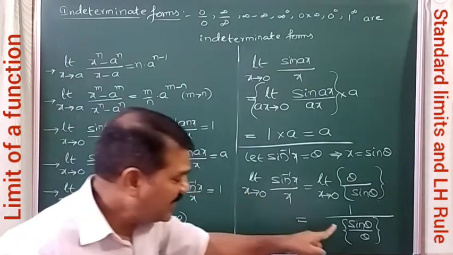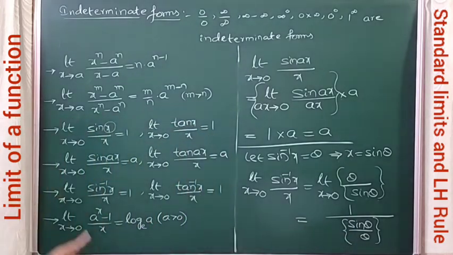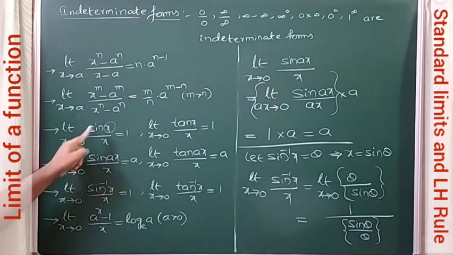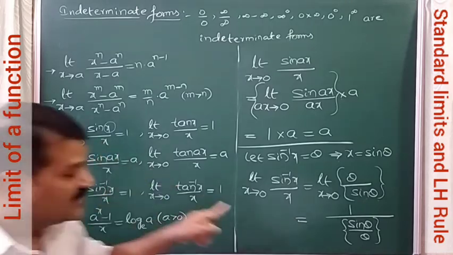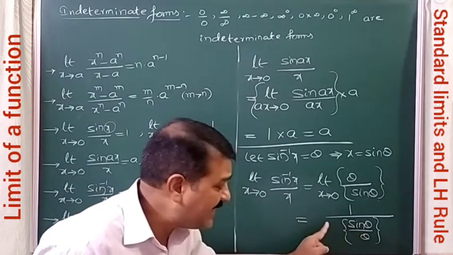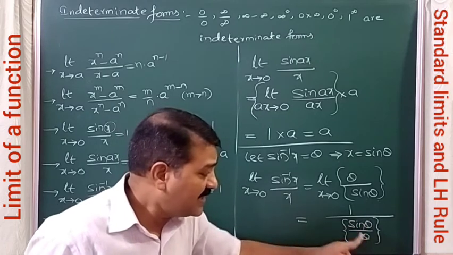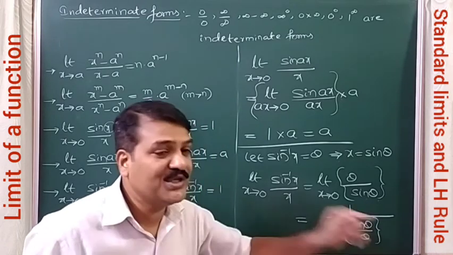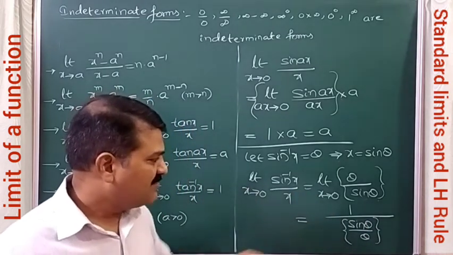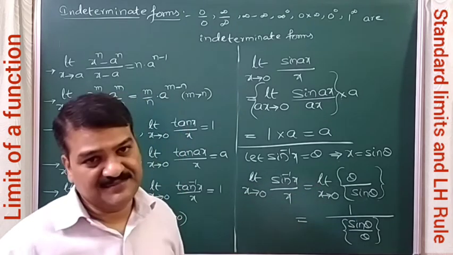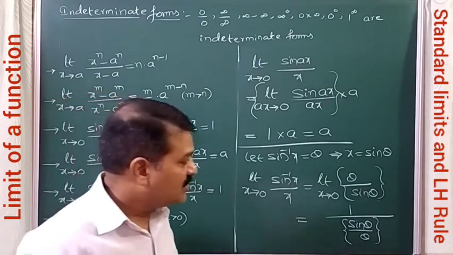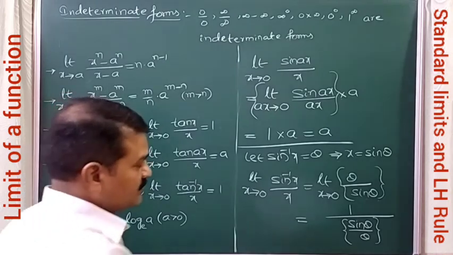Yes, but actually to use the standard limit, limit x tends to 0 sin x by x, that means you must have limit theta tends to 0 sin theta by theta. But we have limit x tends to 0 here. So how to modify? I will show.